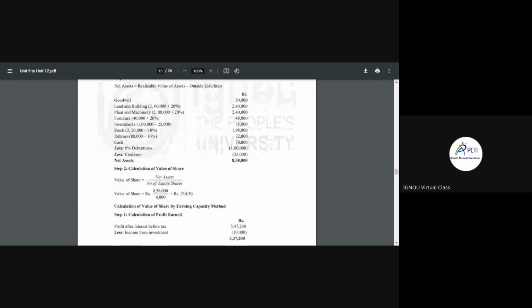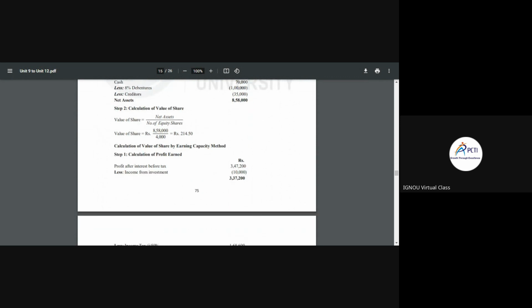Our second step is calculation of value of share. Value of share is equal to net asset divided by number of equity shares. So 8 lakh 58,000 divided by 4,000 is equal to rupees 214.50.